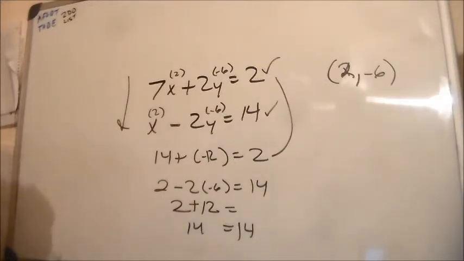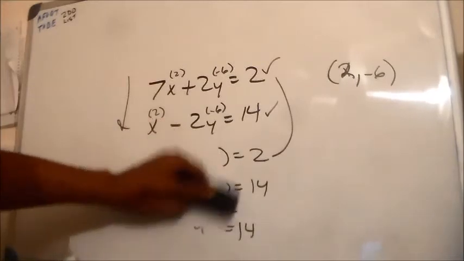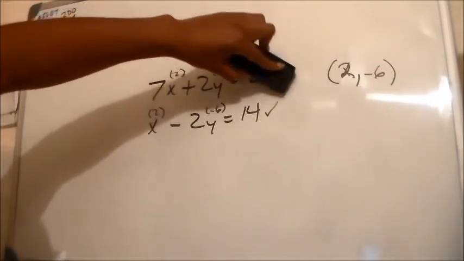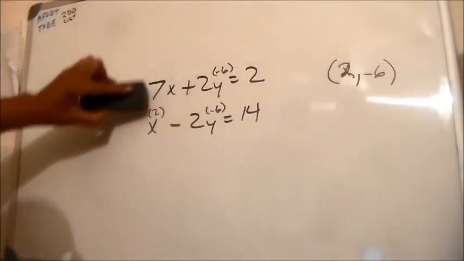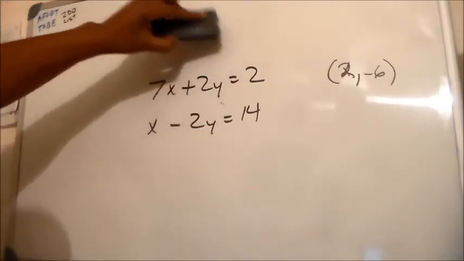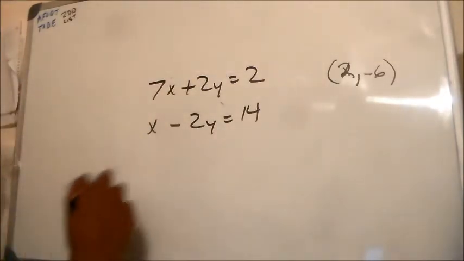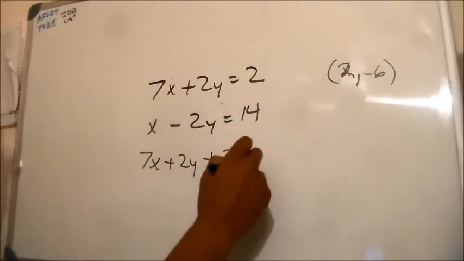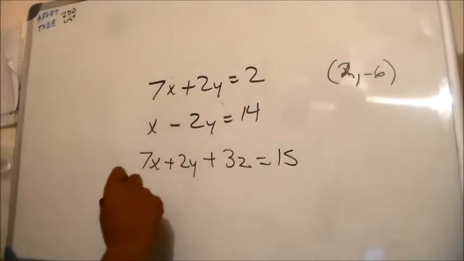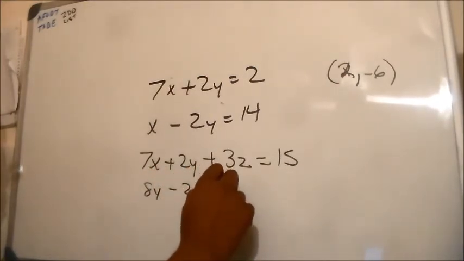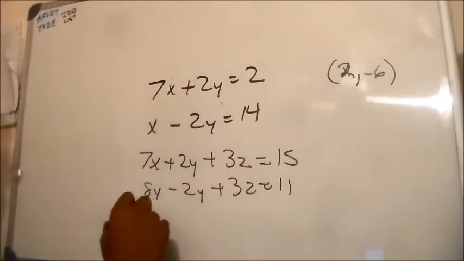The next one I'm going to work on, because there is actually such a thing, is solving a system of equations with 3 linear equations, where you would have 7x plus 2y plus 3z equals 15, and then 8x minus 2y plus 3z equals 11, and then boom.